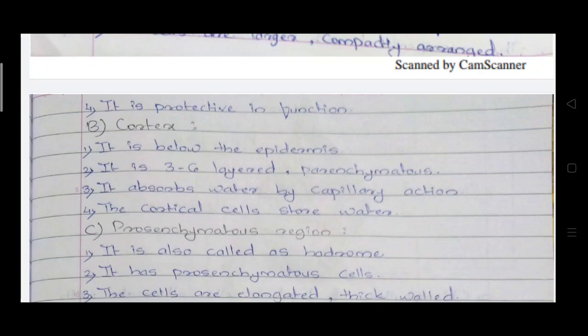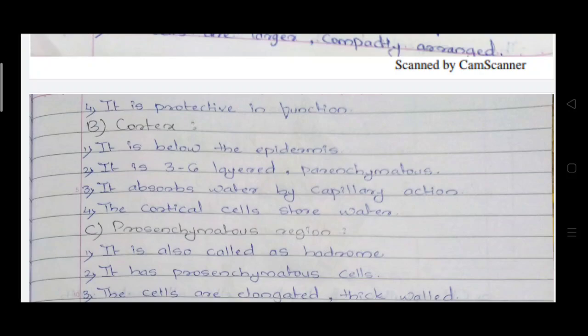The cortex region is present below the epidermis. It is made up of 3 to 6 layers of parenchymatous cells. These cells absorb water by capillary action, and they can store water in the cortical cells. So this is about the cortex region.